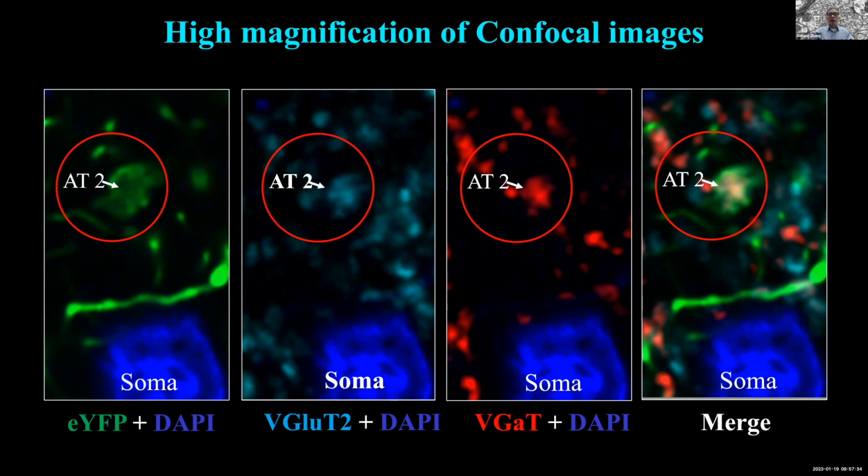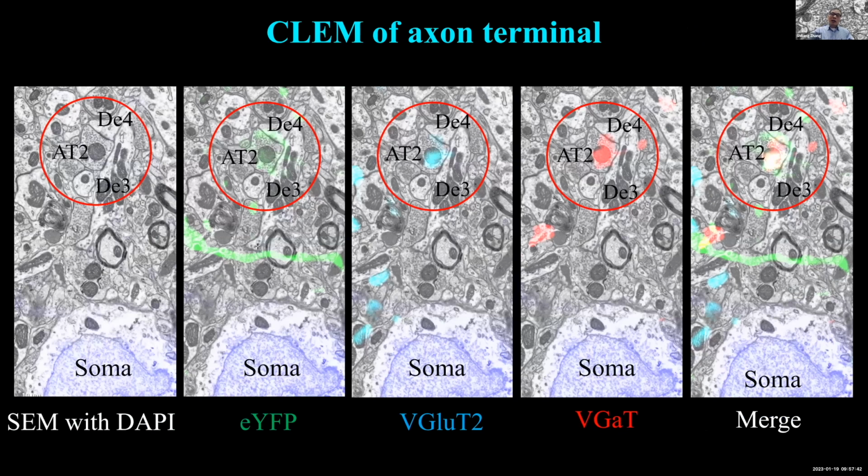Then we detect the VGLUT2 with one channel, another marker with another channel, and then we merge. For the serial SEM images, we can correlate exactly the same place for this terminal.